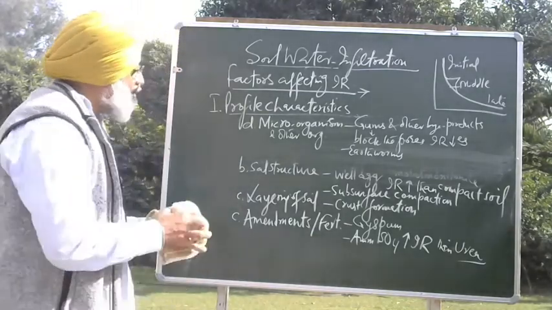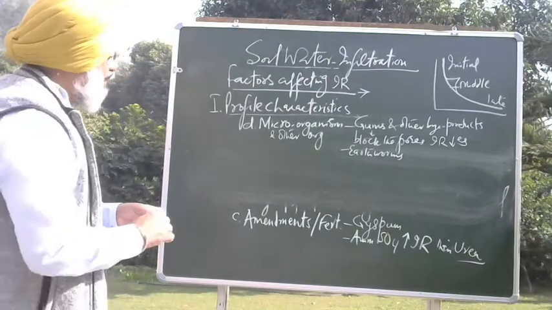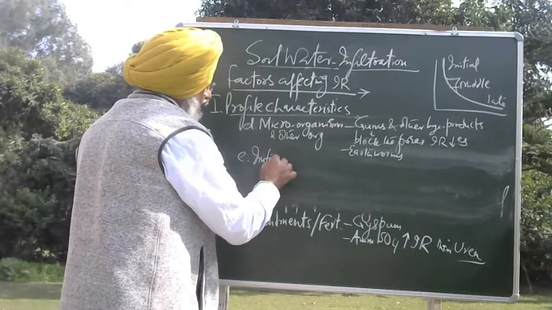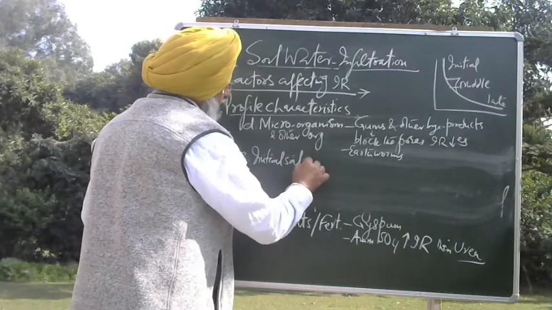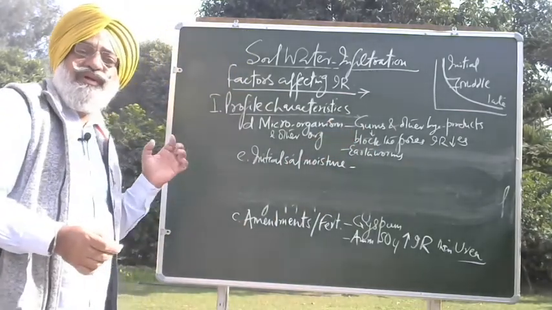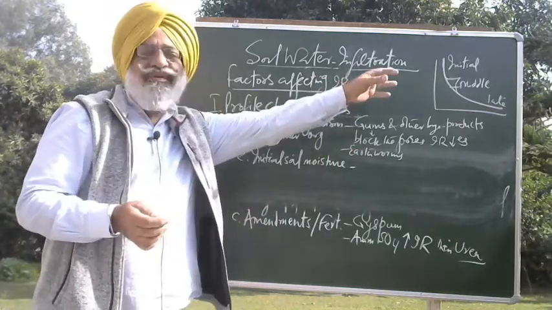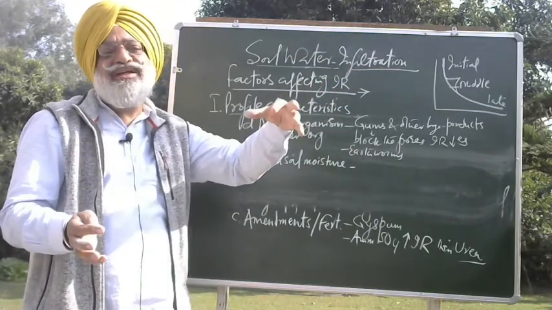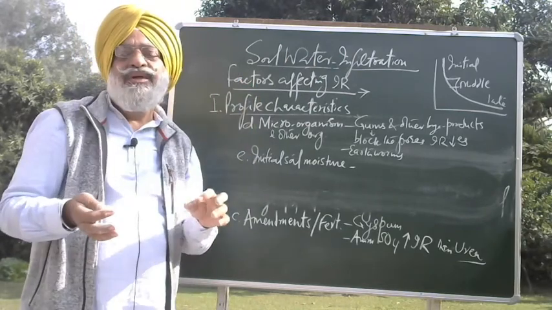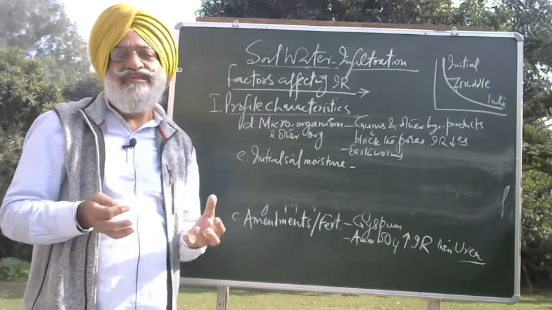Then infiltration rate also is a function of initial soil moisture content. This is very important. If you have a dry soil, as I said initially, the rate will be very high, because the hydraulic gradient between the upper few millimeters of saturation zone and the dry soil below is very high, so movement will be fast.